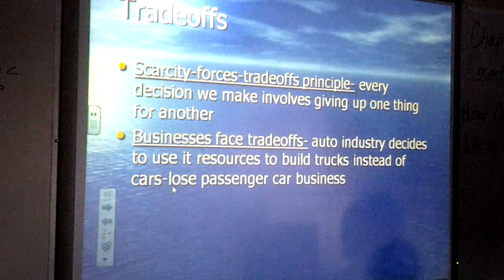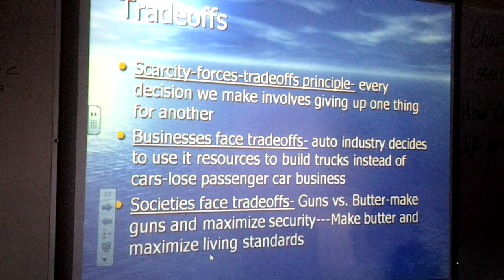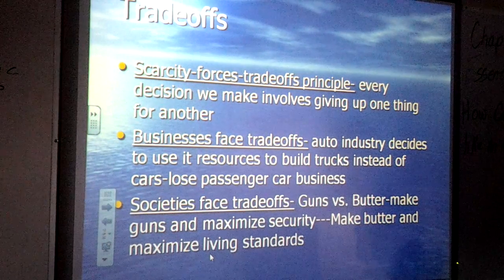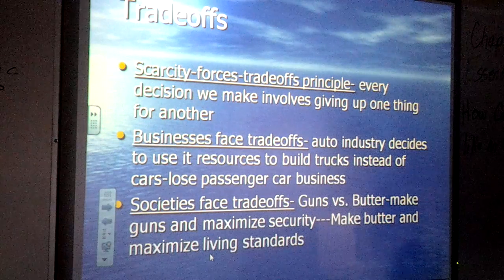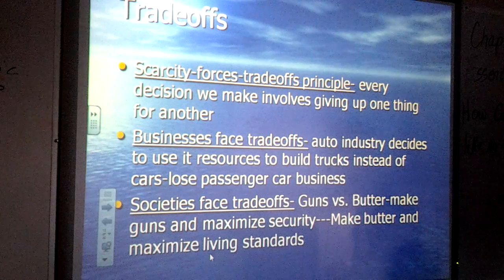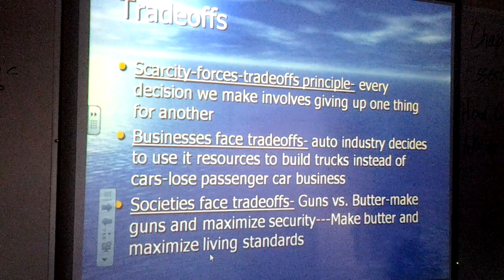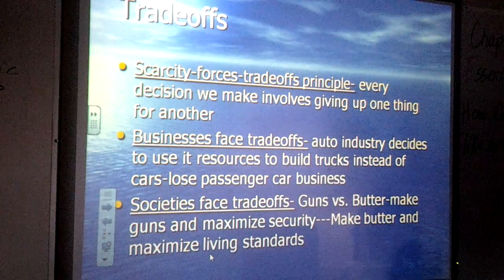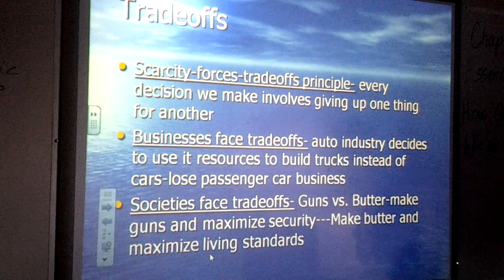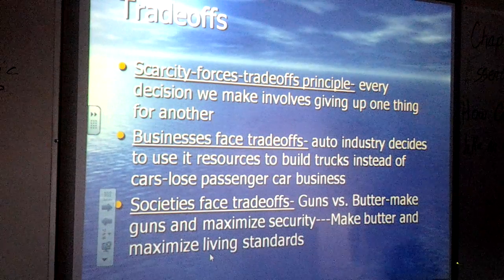And finally, societies also face trade-offs. So everybody has to face trade-offs, everybody. In societies, no matter what economics book you look at in high school or college, they always use the guns versus butter example, because you have to use totally different resources for those two things. So what you have to do is decide as a society. Do we make more guns and maximize security? Is that what gives us satisfaction? Or do we make more butter, which is a food product, and maximize living standards?